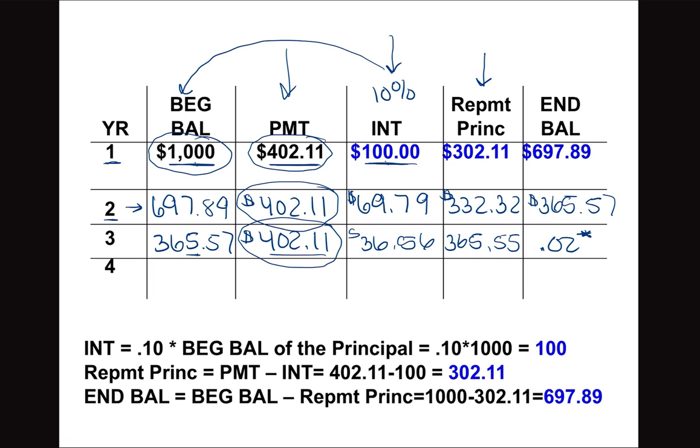So we take our payment amount minus the interest, and that is how much we're repaying in principal. To find out our ending balance, we take our beginning balance and subtract the repayment for principal, and then we get our ending balance. And then the beginning balance of our next period is the ending balance of our previous period.